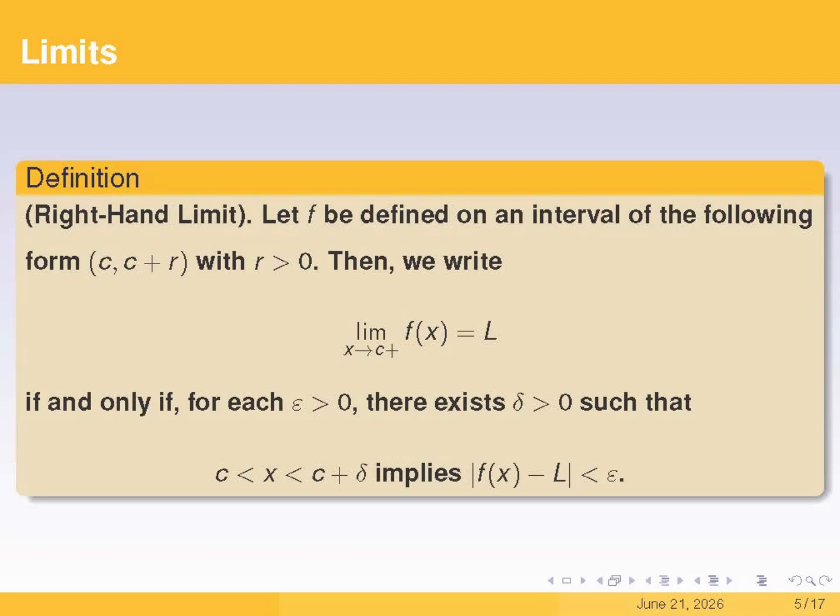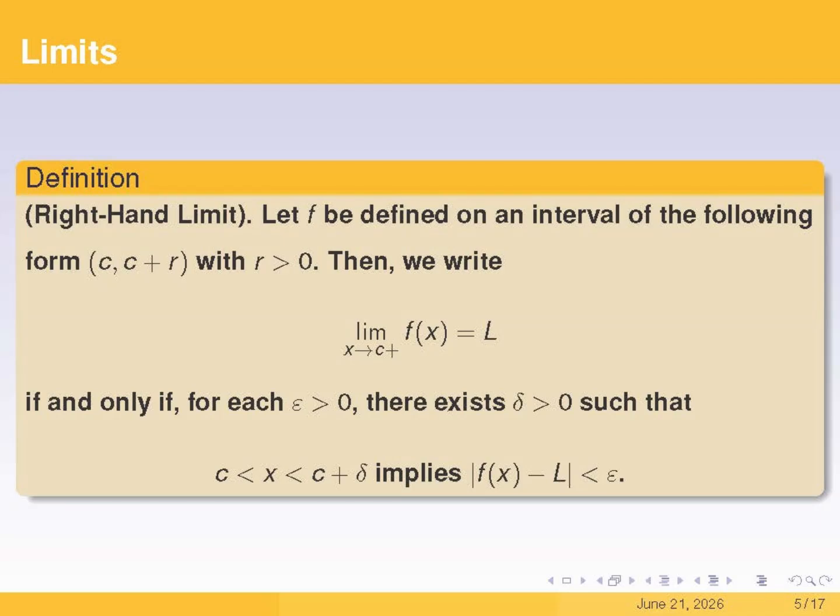Therefore, when the positive number delta is extremely small, say, if we choose delta to be 10 to the power of negative 15, considering the variable x between c and c plus delta implies that x is approaching c from the right.